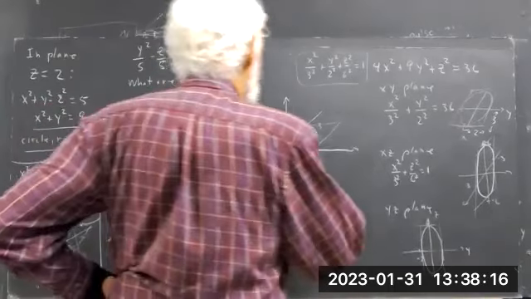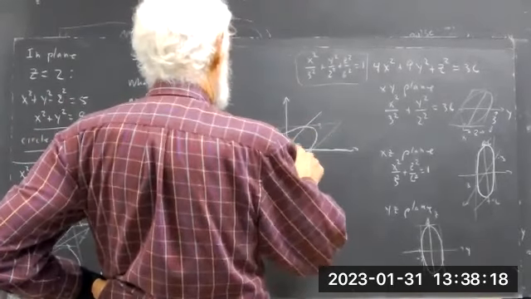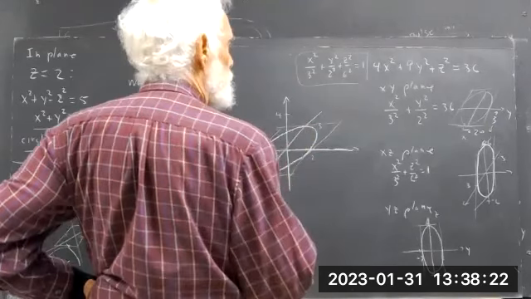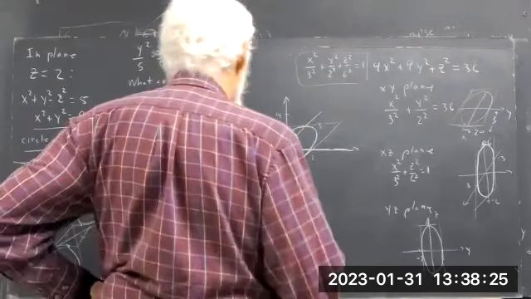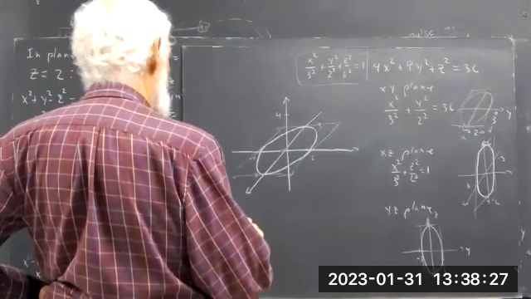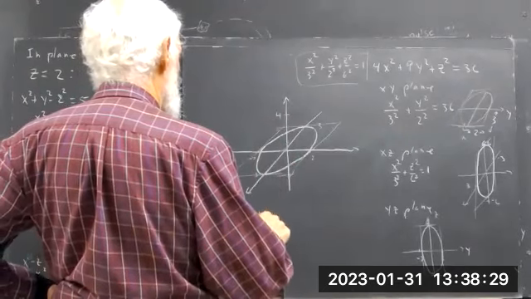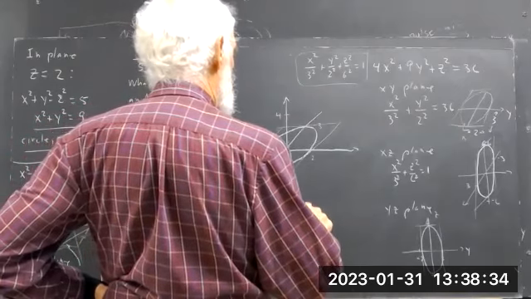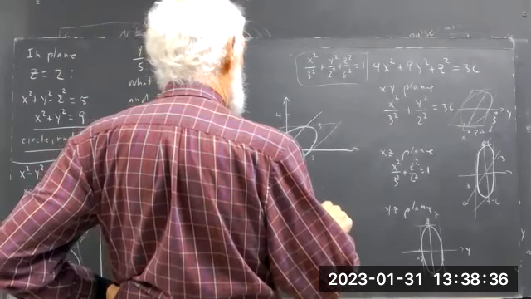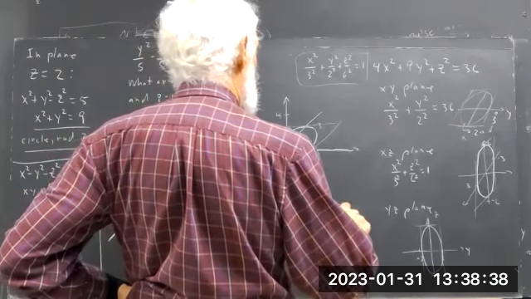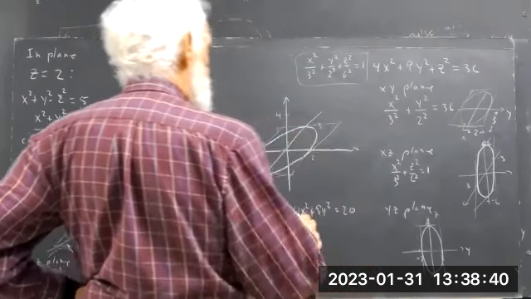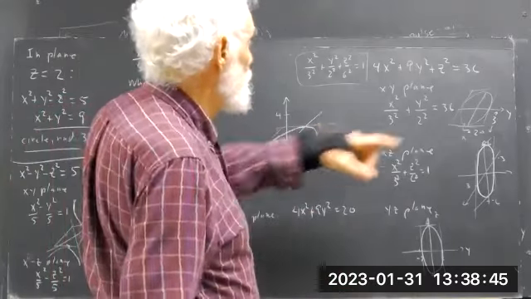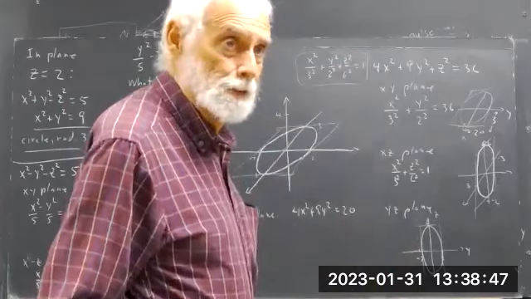Okay, so we go up to Z equals 4. Might be up there. In the Z equals 4 plane, you got 4x squared plus 9y squared equals 20, instead of 36, because Z squared would be 16.